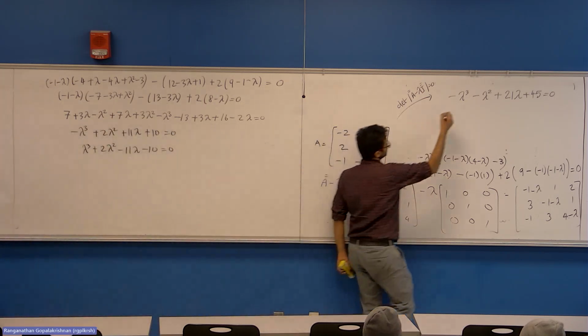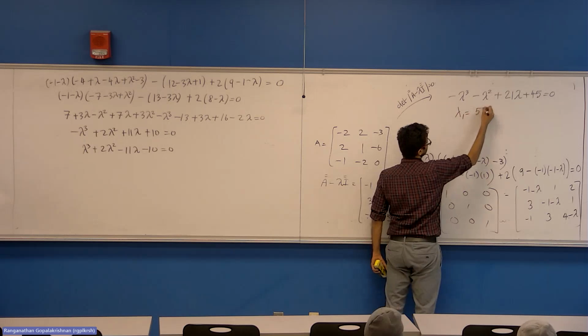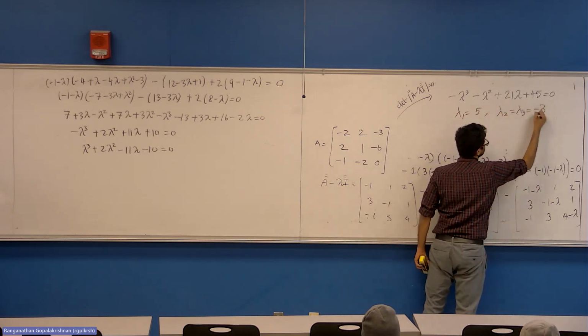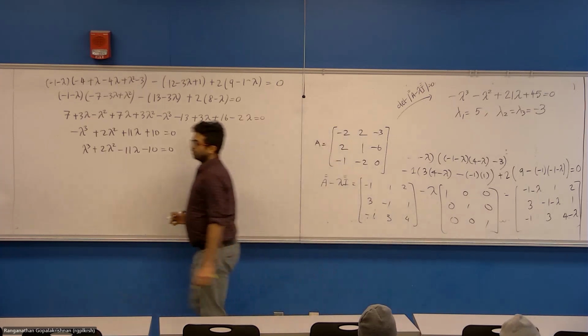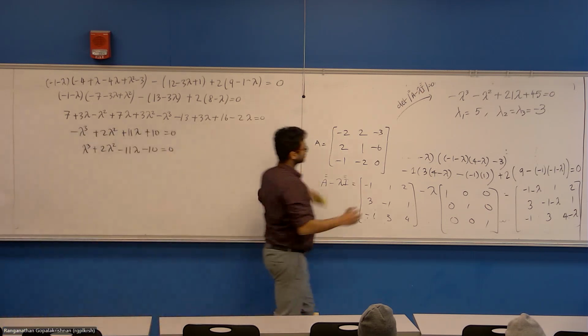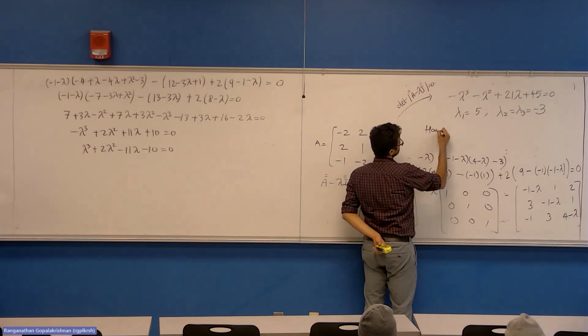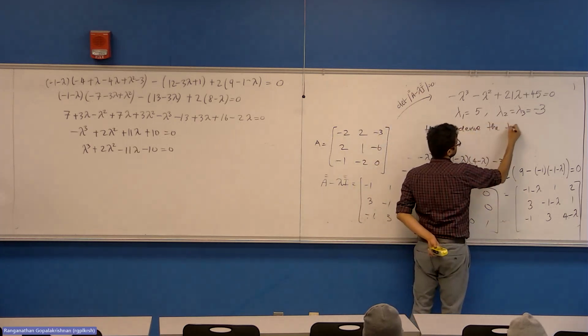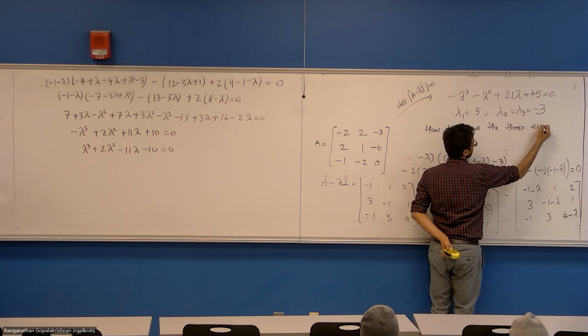The solution is lambda 1 equal to 5, lambda 2 equals lambda 3 equals minus 3. So I've just given you the eigenvalues which you would get by solving a cubic equation. Now the question is how to derive the three eigenvectors.